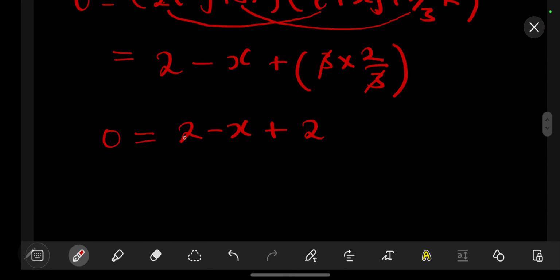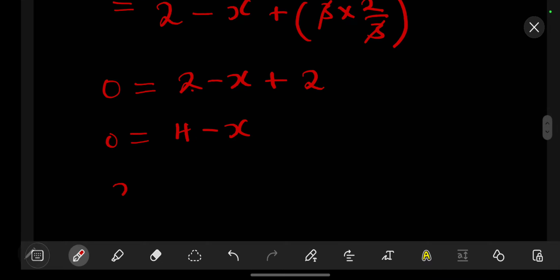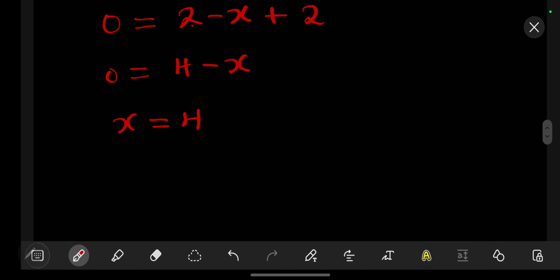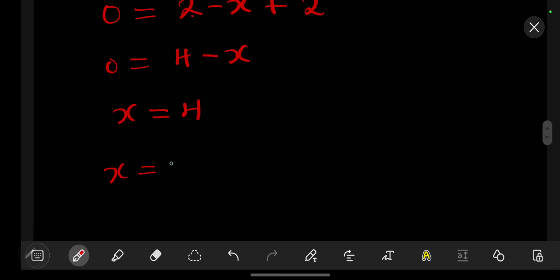So when we add, 2 plus 2 will give us 4, then we have minus x. Taking the x to this side, we have positive x, since the sign changes, equal to 4. So that means x is equal to 4. That is how you find the value of x.